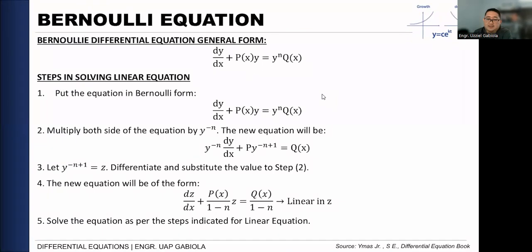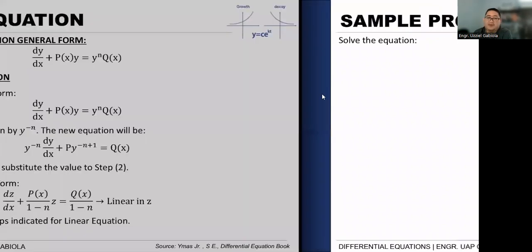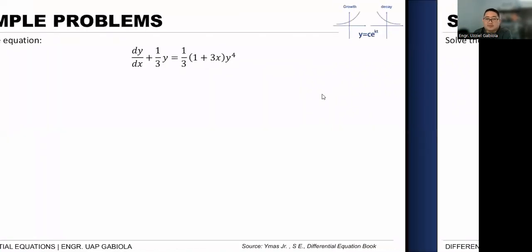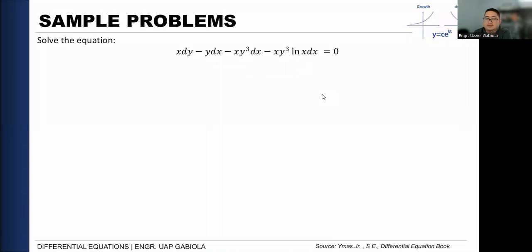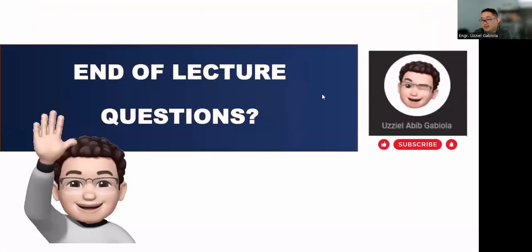Okay? Si Bernoulli, kapag nakarating ka na dun sa step 3 o sa step 4, babalik ka na dun sa linear, sa solution mo sa linear equation. Okay? Then solve tayo ng 3 pang example. Okay? And then, yeah, that ends our scope for midterm.